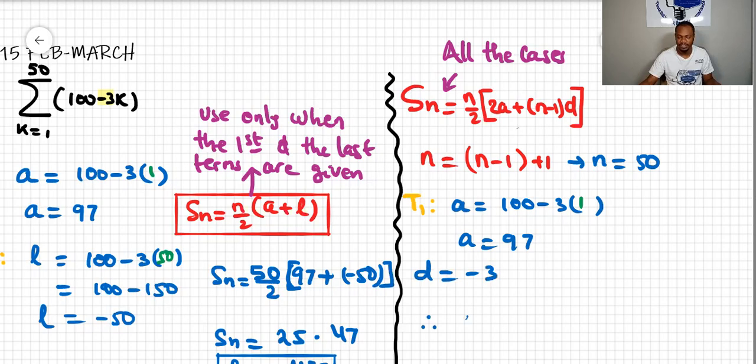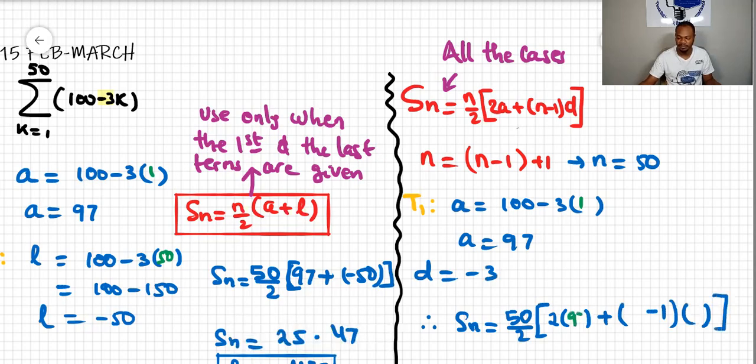Therefore, Sn will be n over 2, so 50 over 2, times 2a plus n minus 1 times d. We know the value of n. So a is 97, n is 50, and d is -3.